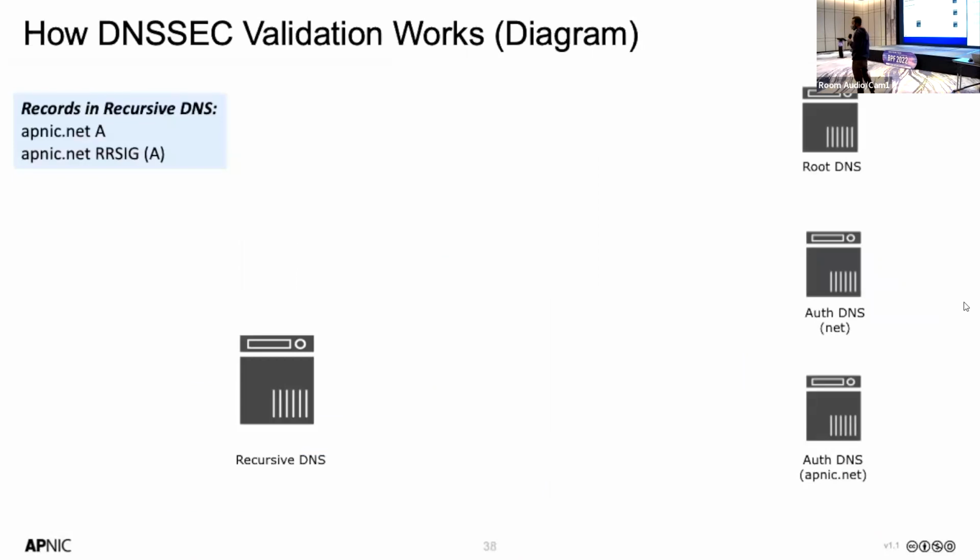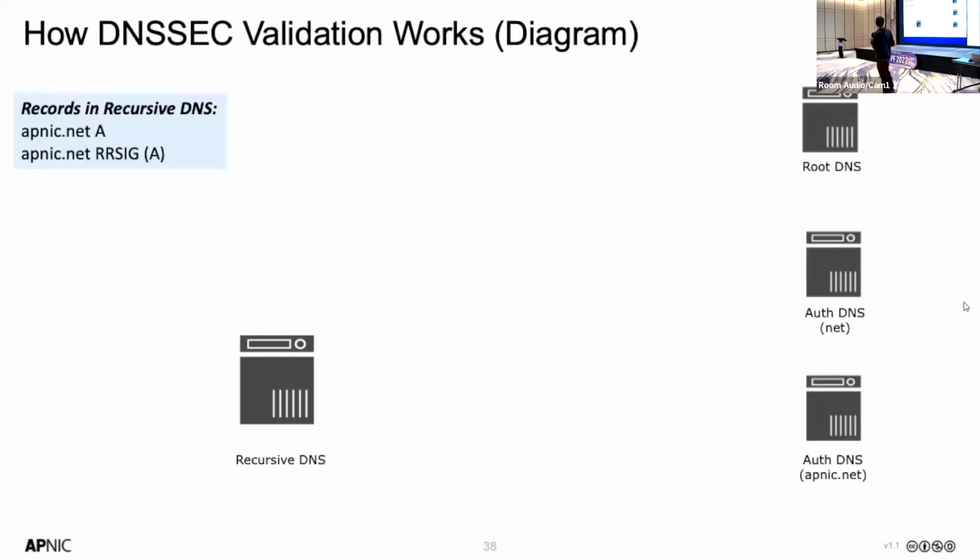Now, how is the chain of trust built in the picture of the DNSSEC resolution process? The recursive resolver tries to communicate to the authoritative name server to get the IP address and corresponding signatures to do the validation.